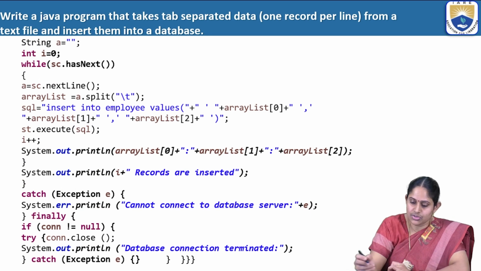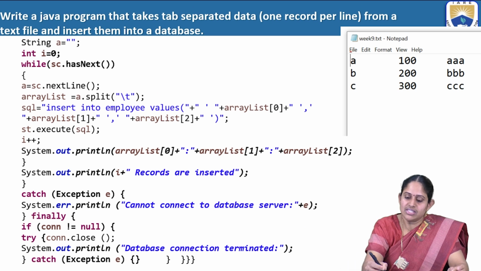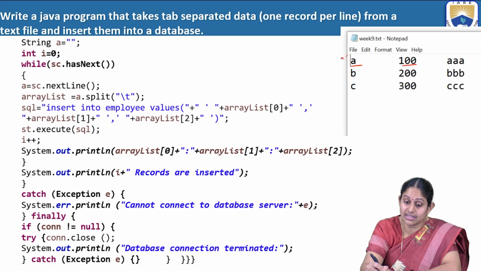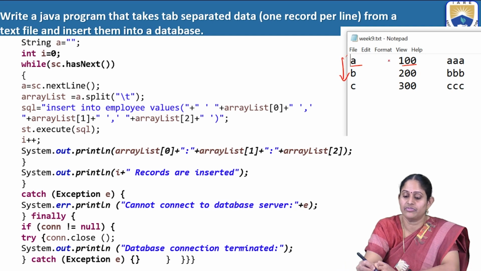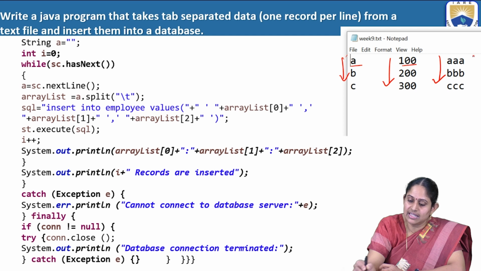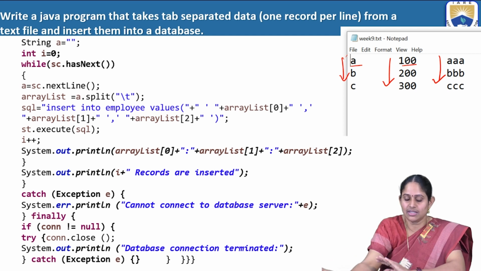So here we have this file with these contents. This column is the name of the student or the employee. Then this is the employee phone number, and this is the employee address. So these contents we have to store into the database.